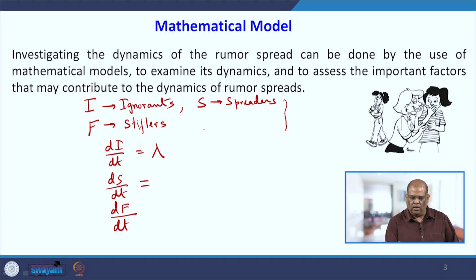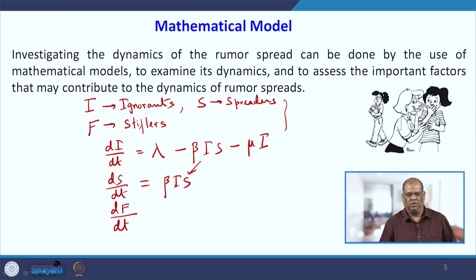When the ignorant come in contact with the spreaders, they come to know about the rumor. So, minus beta times I times S, because when the ignorant come in contact with the spreaders, they get the rumor and move to the category of spreaders. So, here it will be beta I S, and then we put a natural death of the ignorant.